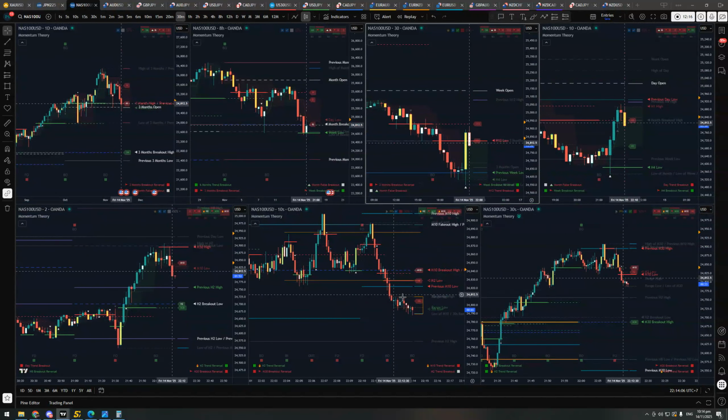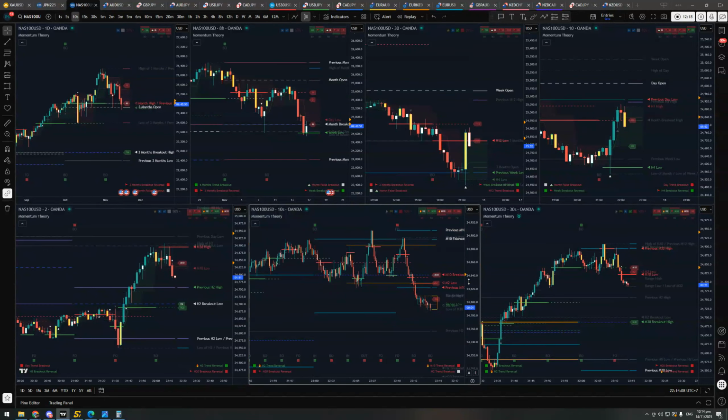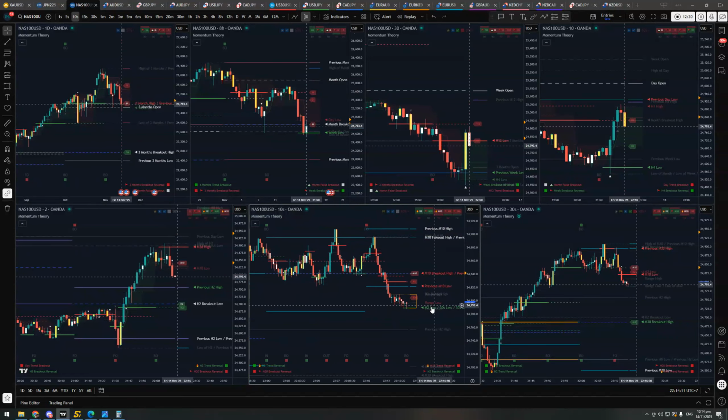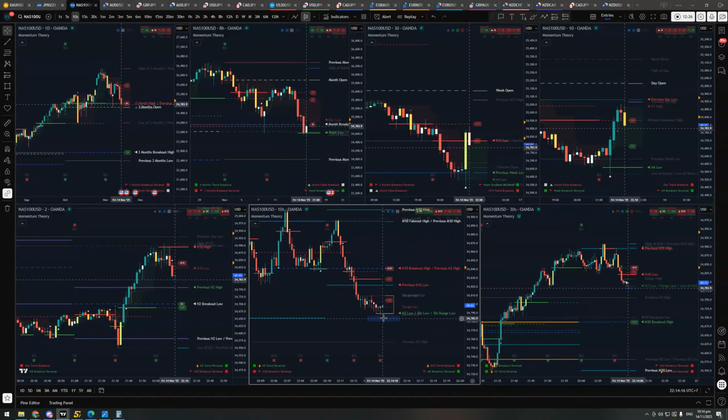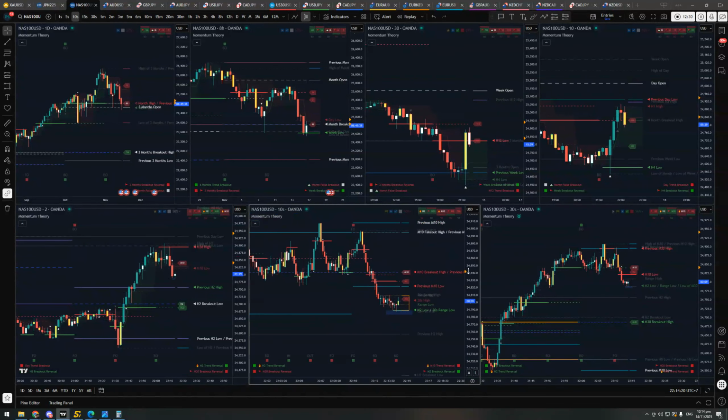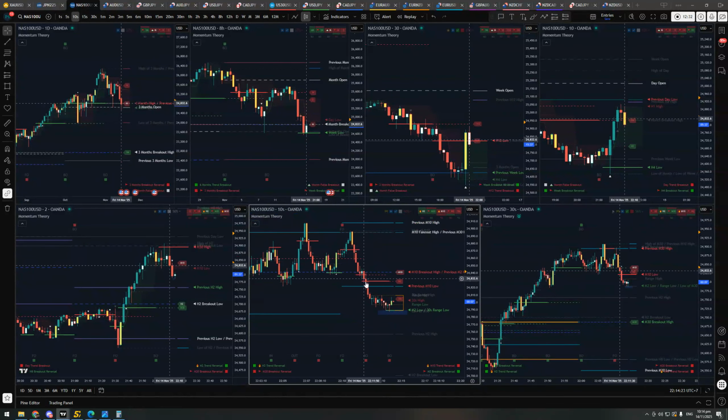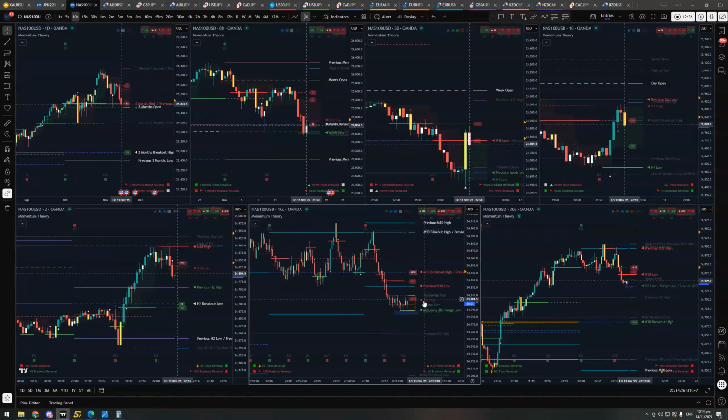Okay, range got taken out. Here's rejection. Most breakouts fail, so I do want to see this breakout fail, get back in.